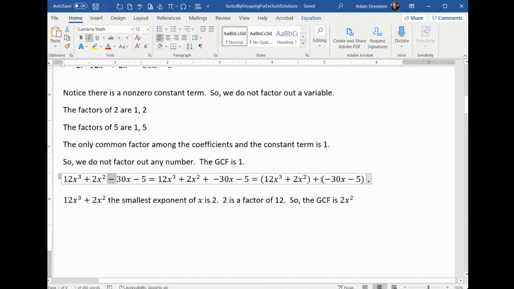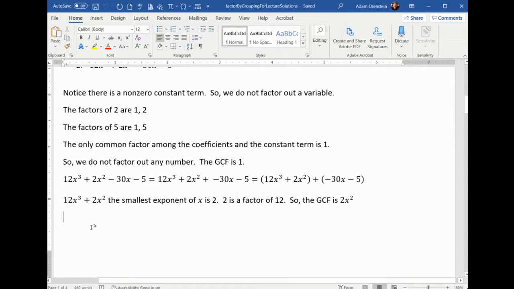That makes it easier. Also, the second term here has a plus, and the fourth term here, minus 5, those signs are opposite. So eventually in the second group, we will have to factor out a negative.